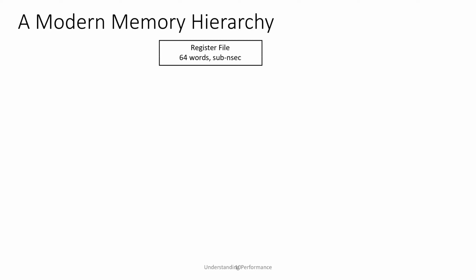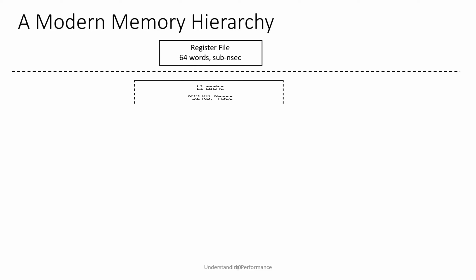Now, in a typical memory hierarchy that we have in modern day processors, it's something like this. We have a small number of registers, right? It can be 64 or 128. Maybe in some advanced processors, we have just 256 registers, but nothing beyond that, right? And each register will have capacity to store maybe 4 bytes or 8 bytes. Following that, we have our L1 cache, typically a few tens of kilobytes, right?